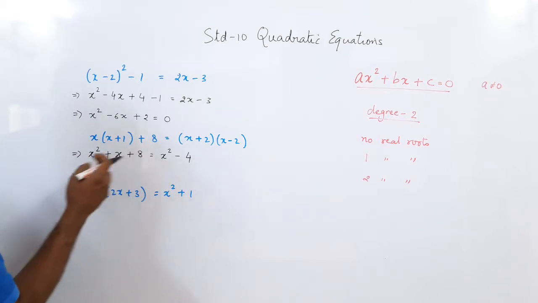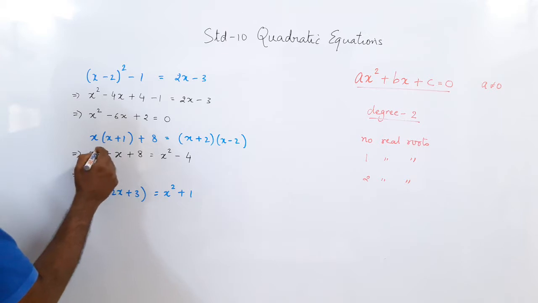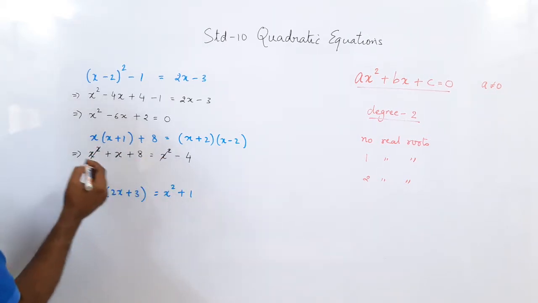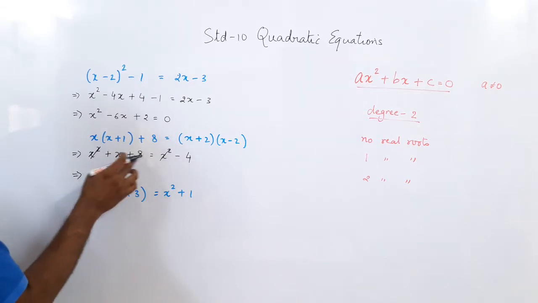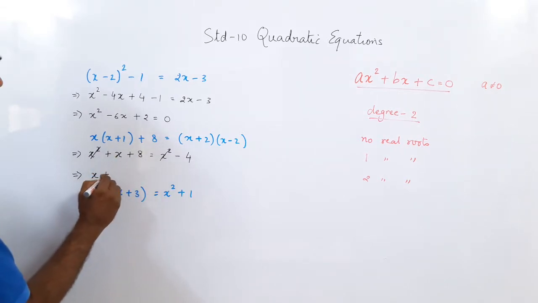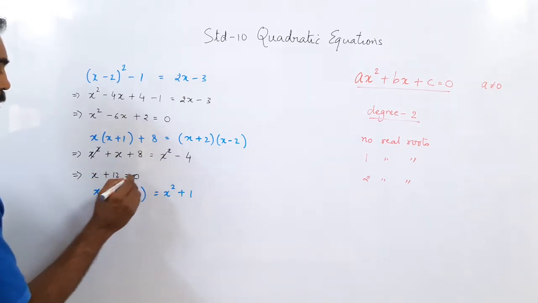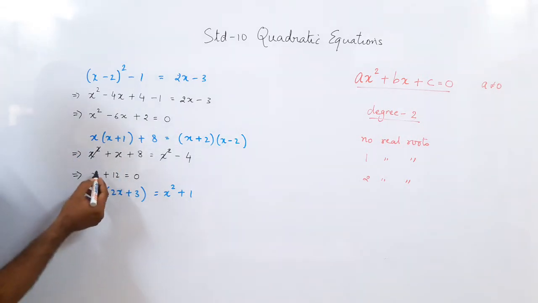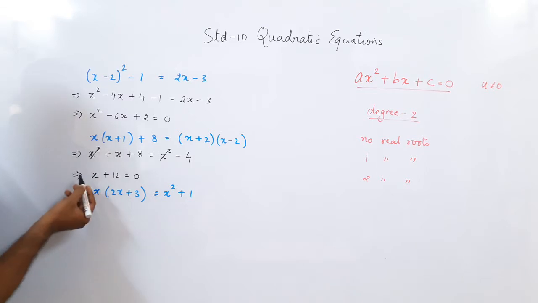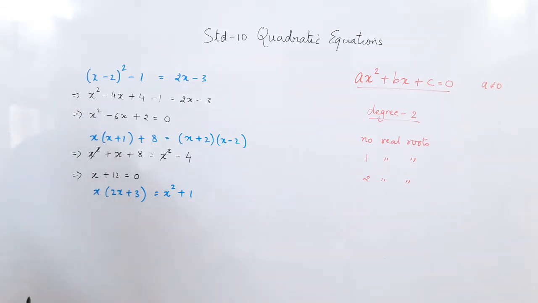So x square minus x square becomes 0. So that is cut off because it becomes negative here. What is remaining? x. Minus 4 comes on this side, becomes plus 4. 8 plus 4, 12. Now you can see after solving this, we got x equals 12. Then the power is not 2. So this is not a quadratic equation.